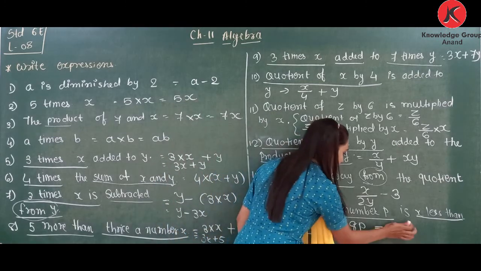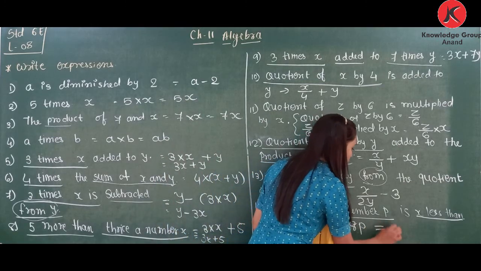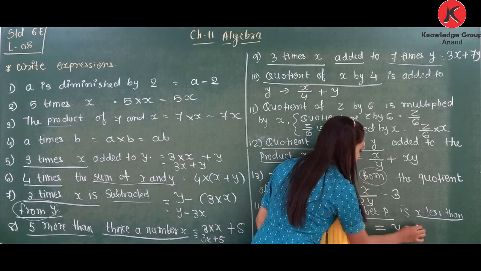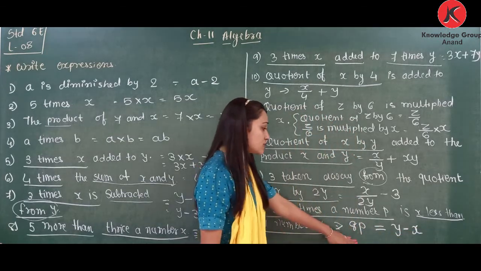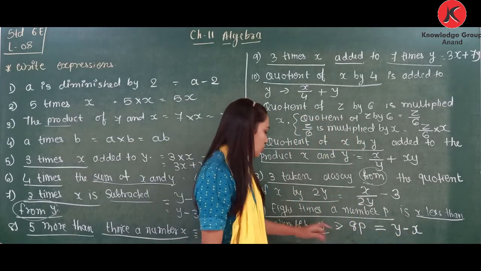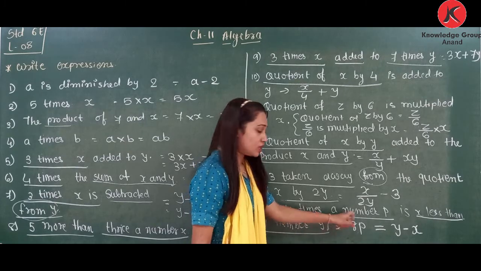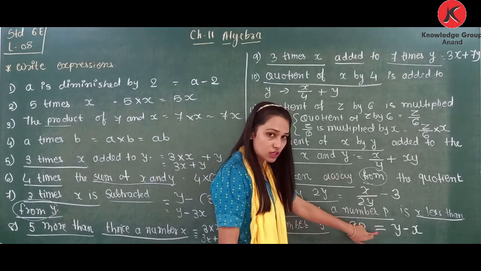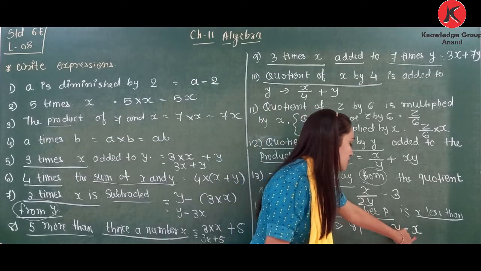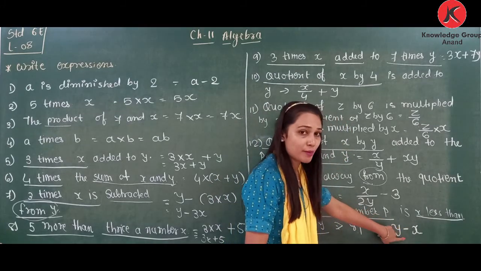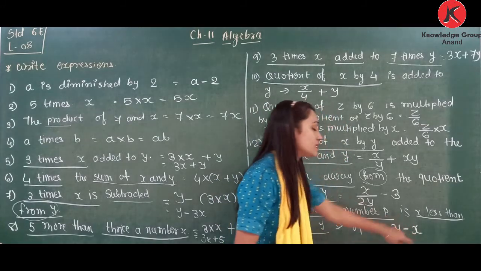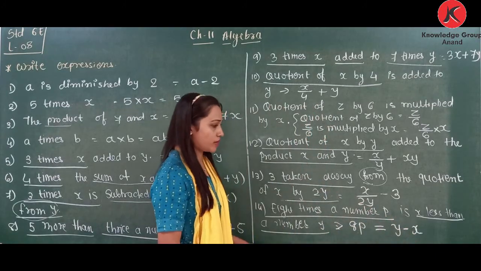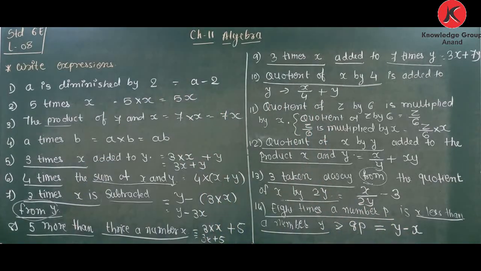So here we can write 8p is equal to y minus x. Here this is an equation, because 8 times p is what? 'Is' means they are the same. So here we can write the equal to sign, then y minus x. Why do we need to write y minus x? Because x is less than y. So it is y minus x.